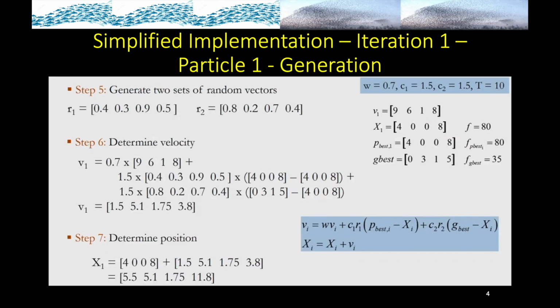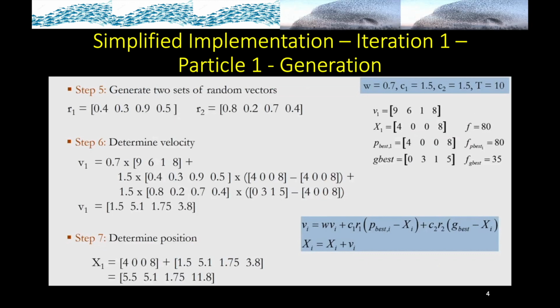From that we'll then use the new velocity to determine the new position. To determine the velocity, we'll place the values of all these vectors and parameters into the equation.